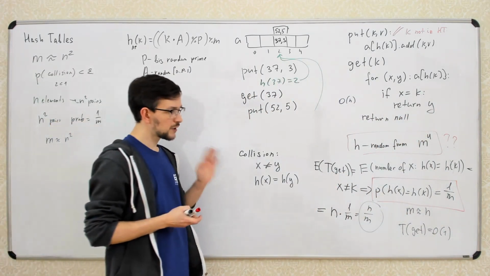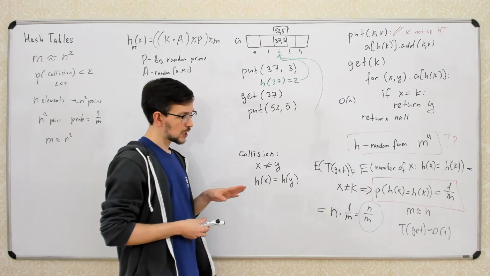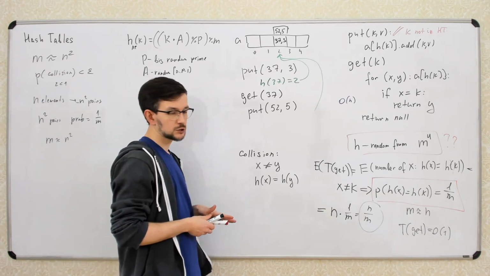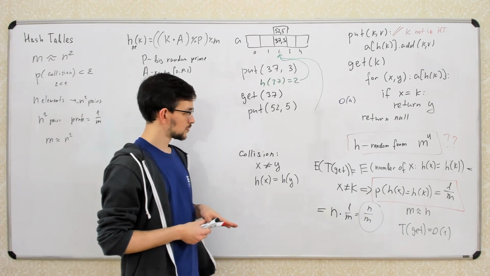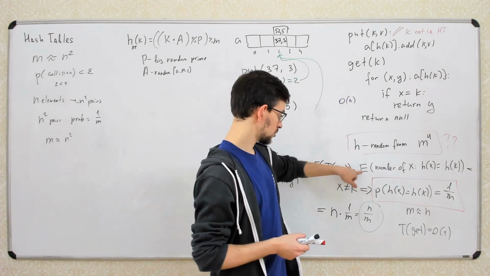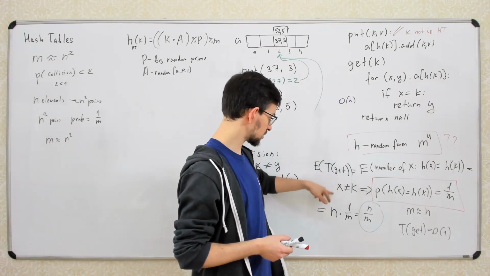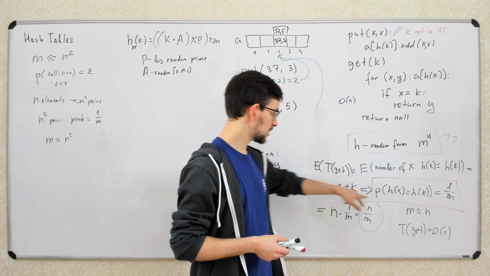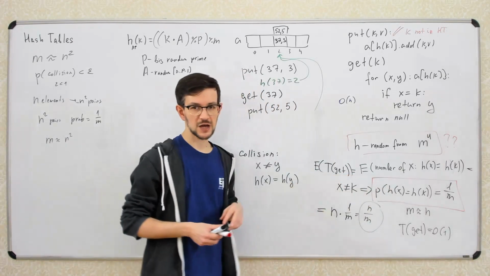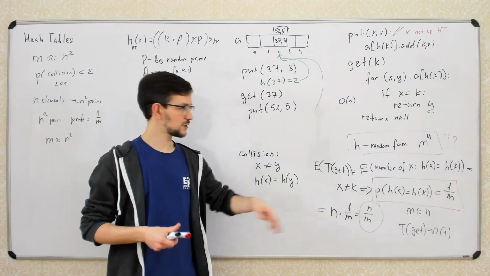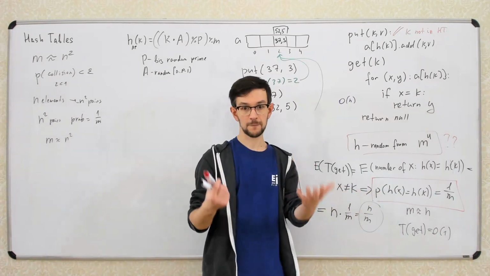So this is the only thing we used about our hash functions. All these are just simple transitions, and here we just use the property of our hash function, the property of our function being random.